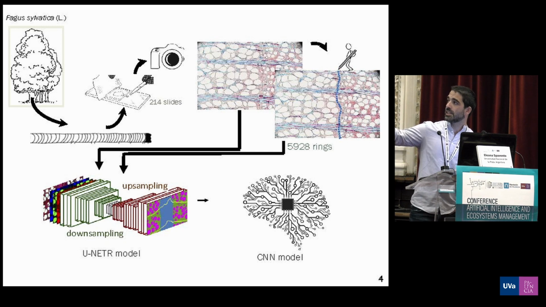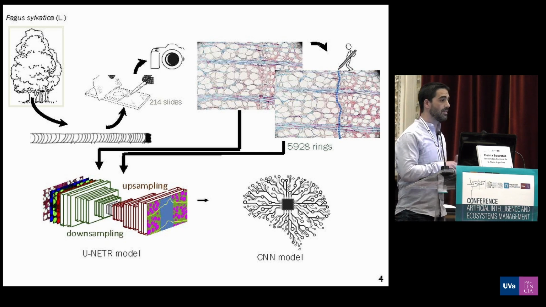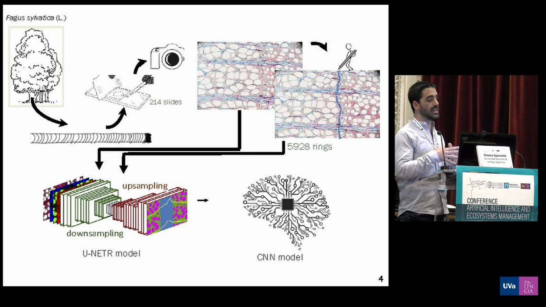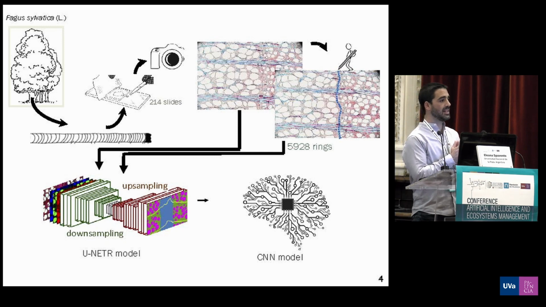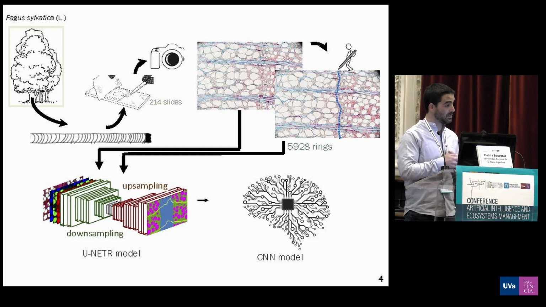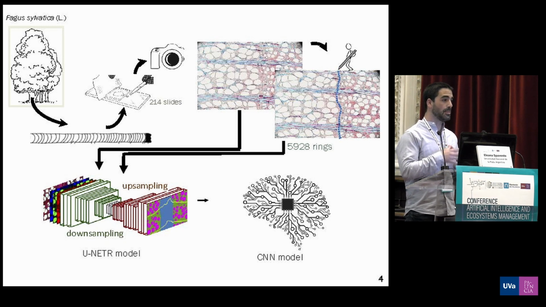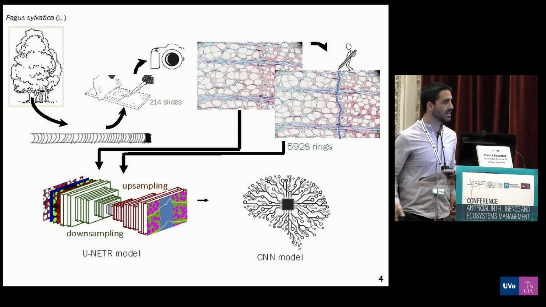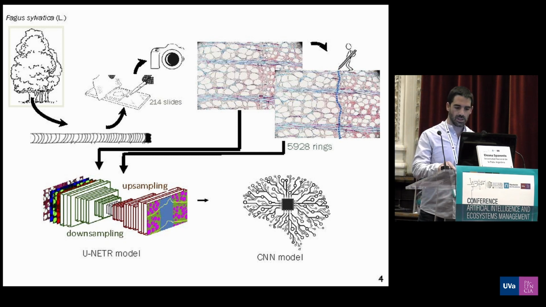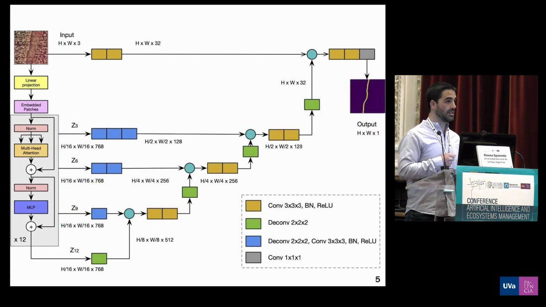We tried a UNETR-based model using Python. After that, we trained with 60% of the data. We evaluated the results with 20% of the data, and we tested the best models with the other 20% of the data. We used this kind of network, UNETR with a ViT method, in order to better transform the images.